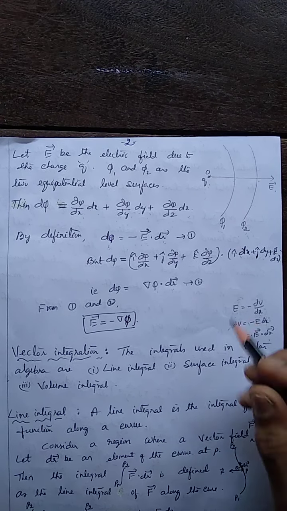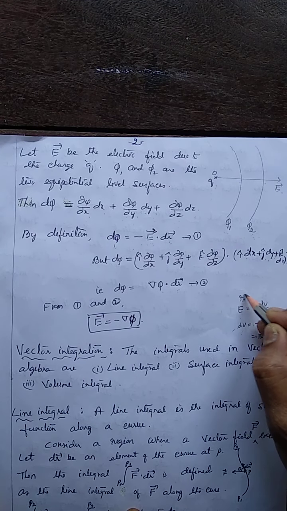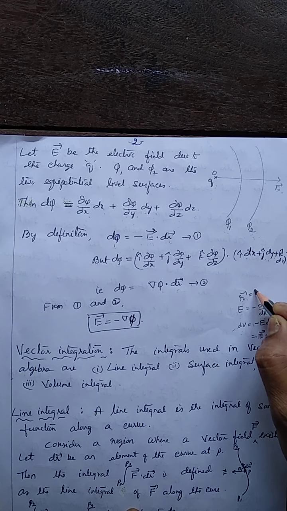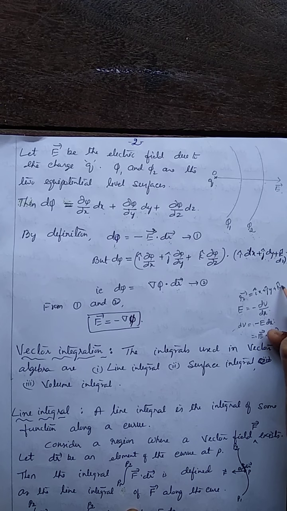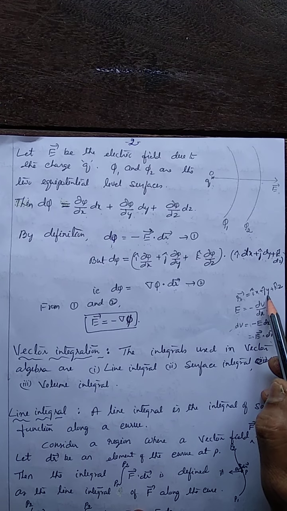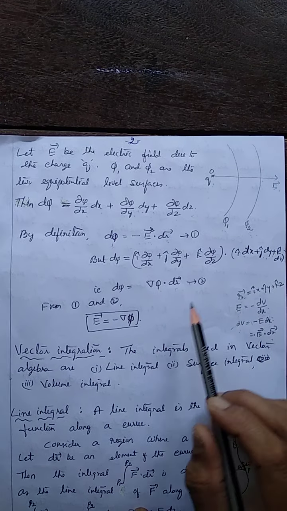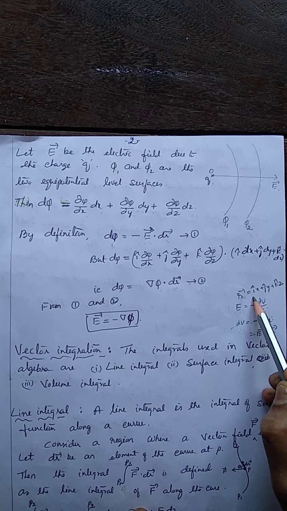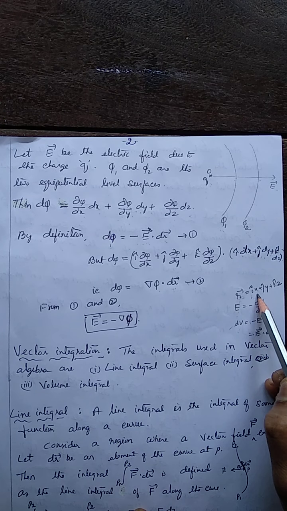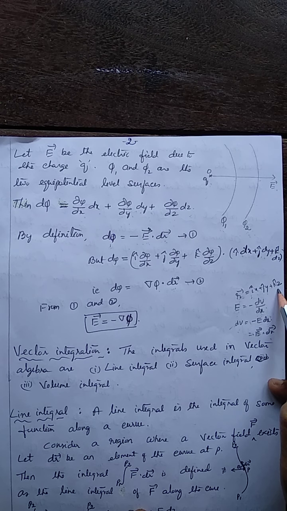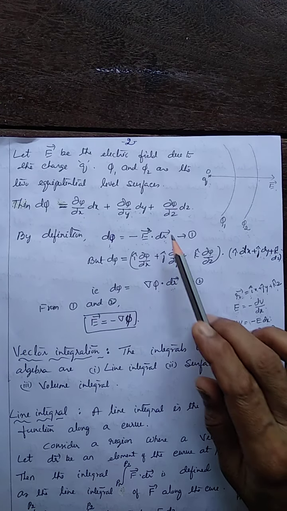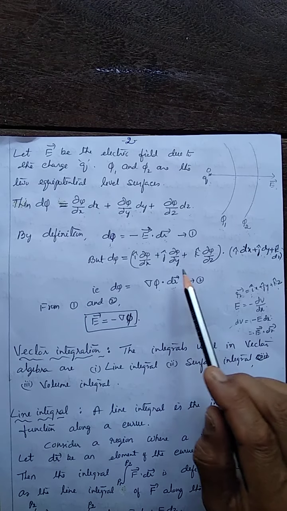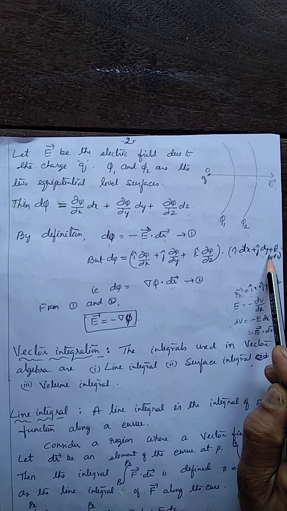You know that the position vector r is represented in terms of its components as i cap x plus j cap y plus k cap z. In a similar manner, you can write the dr vector as i cap dx plus j cap dy plus k cap dz. So this expression is nothing but the dot product of these two.